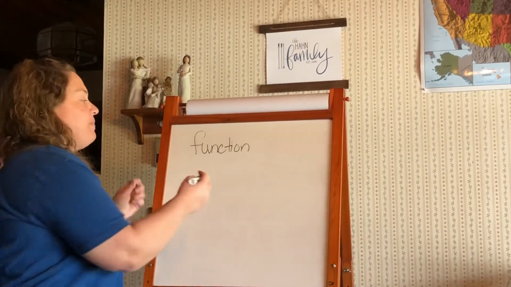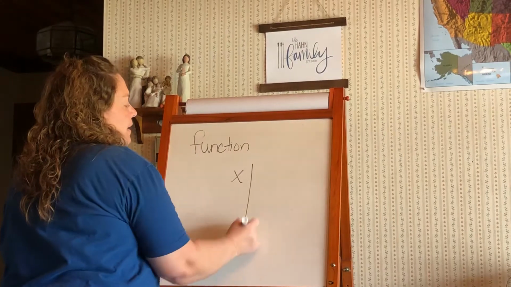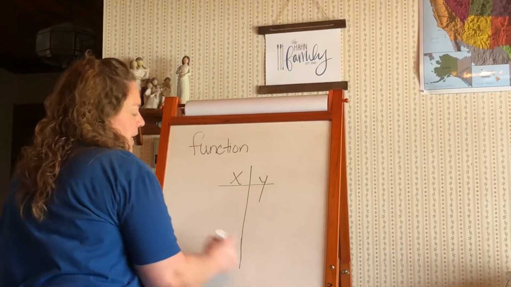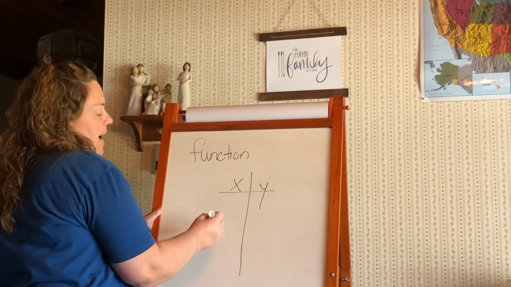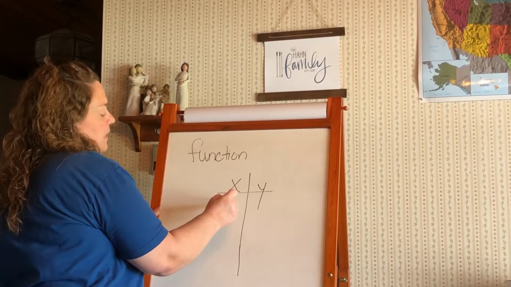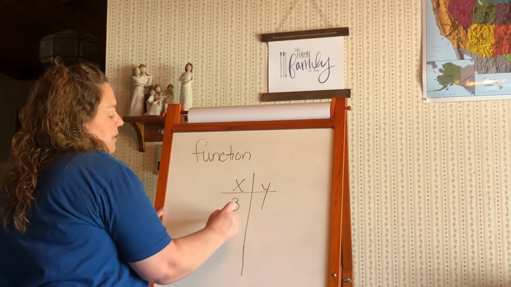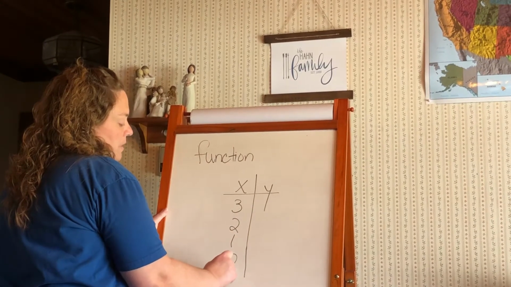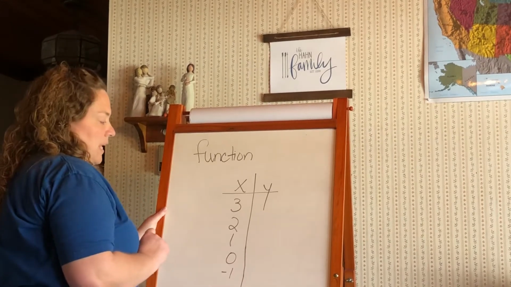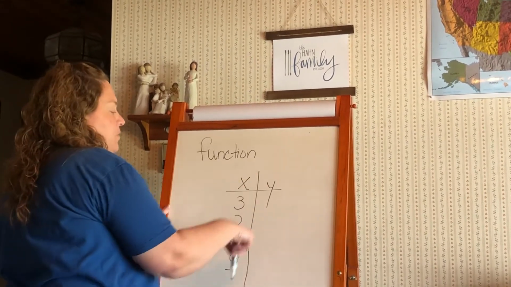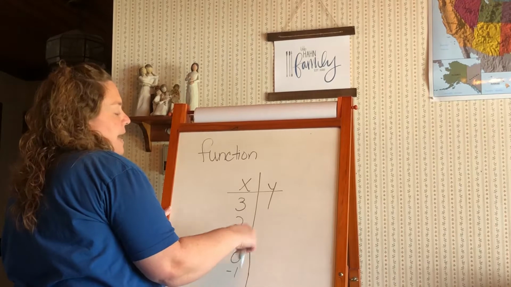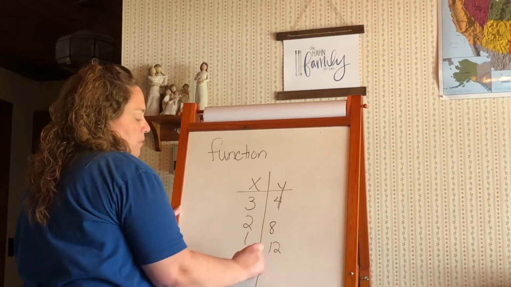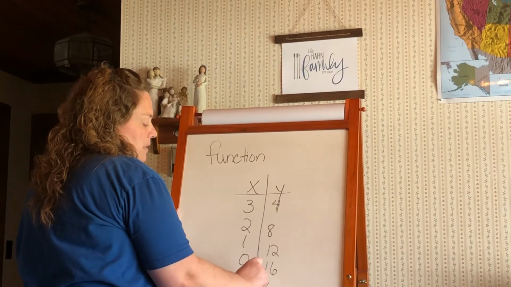For example, let's say I made a little chart and I put in the values of x of 3, 2, 1, 0, -1. And let's say I put the values of y in here at 4, 8, 12, 16, 20.